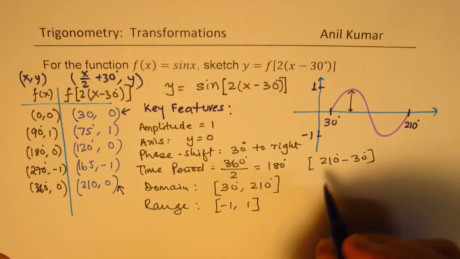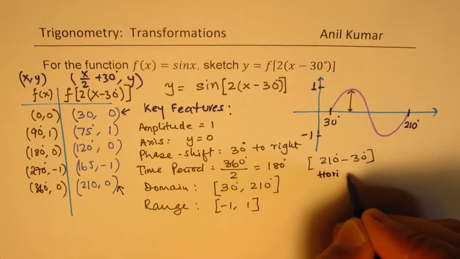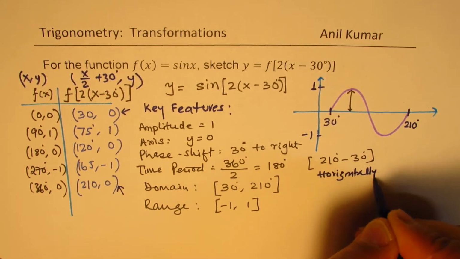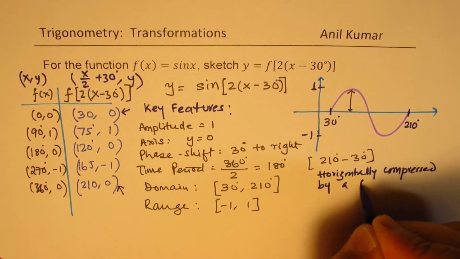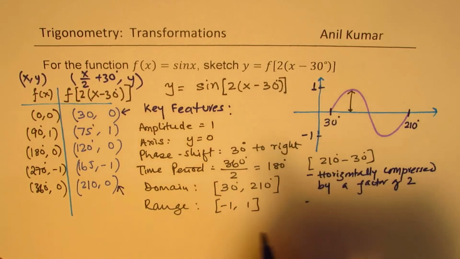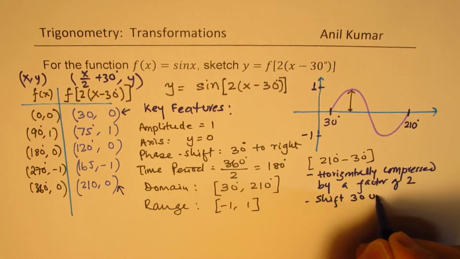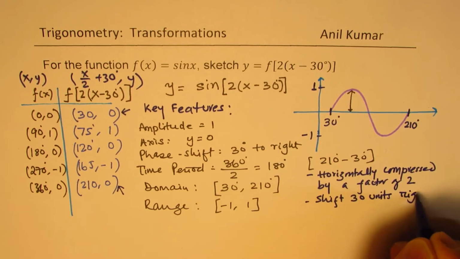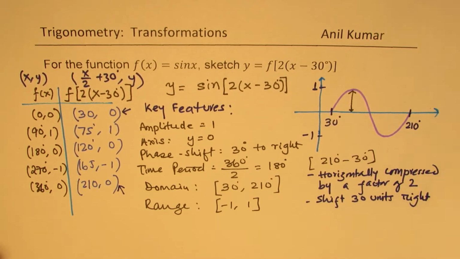The key feature you also notice here is that it is horizontally compressed by a factor of 2. That is the first transformation, and the second one is a shift of 30 units right. Is that clear? So you could describe the transformation as I have written here. That completely explains what is expected of you in this kind of question. I hope that is absolutely clear.